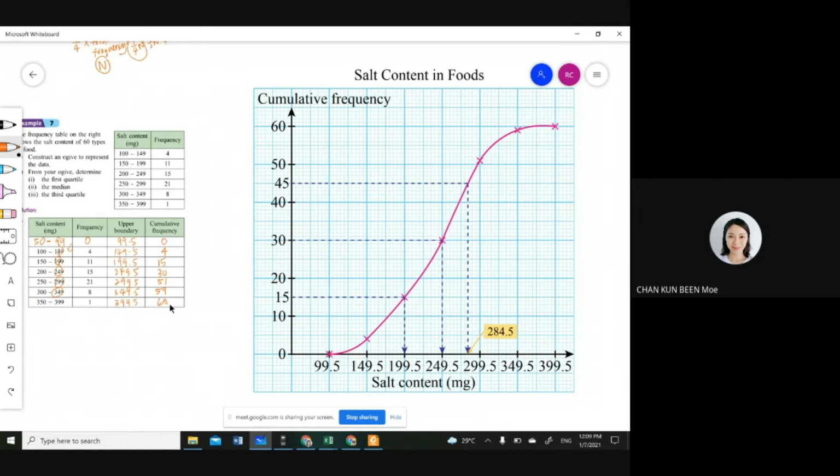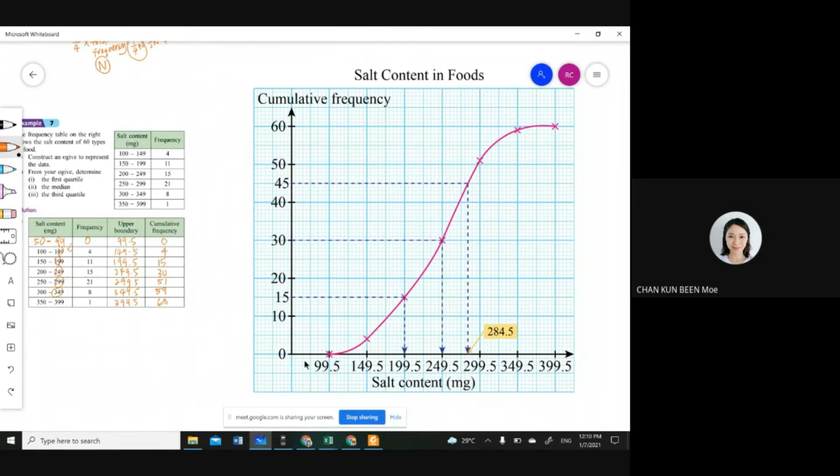Because they didn't give you the scale, you have to be wise on how to divide it. For 60, we are going to use 2 centimeter to represent 10: 10, 20, 30, 40, 50, 60. Now, after you have plotted the x and the y-axis, you are going to plot all the cumulative frequency.